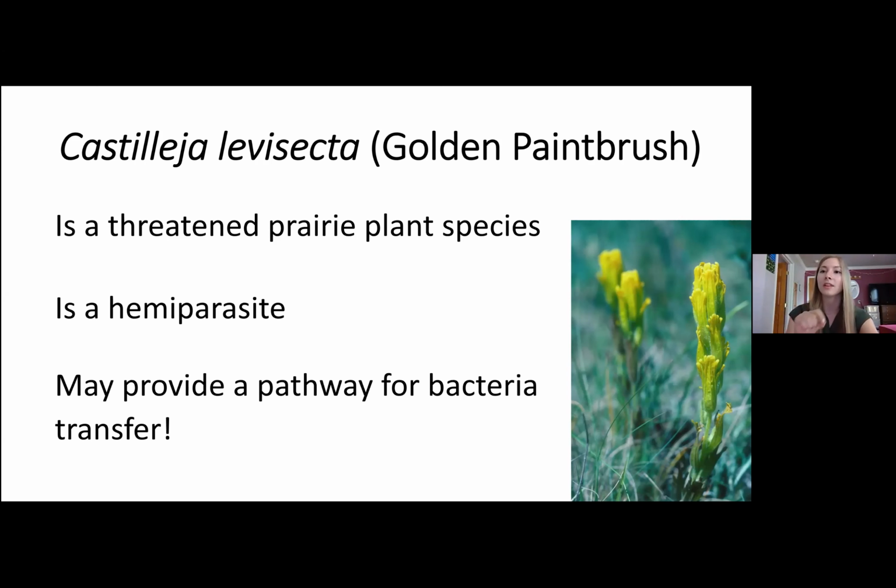It uses these root connections to absorb nutrients, plant defensive compounds, and other building blocks for life from its host plants. Our lab group is interested in knowing if these root connections may also provide a pathway for bacteria to travel between plants in the Puget Prairie ecosystem.